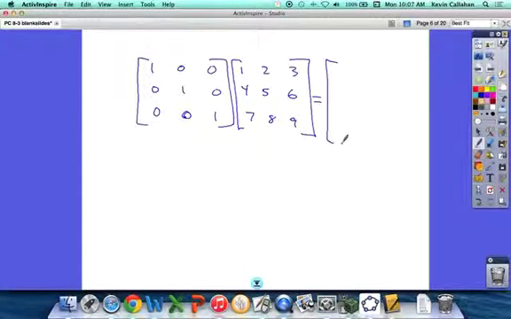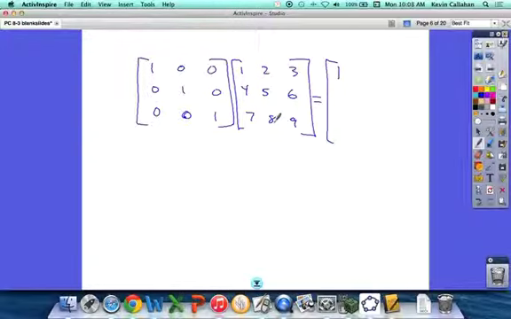And see how that works. To do the first row, first column, I would take the first row and the first column, multiply and add. So I'm going to get 1 times 1 plus 0 times 4 plus 0 times 7, which is 1. Then for the next, first row, second column, 1 times 2 plus 0 times 5 plus 0 times 8.